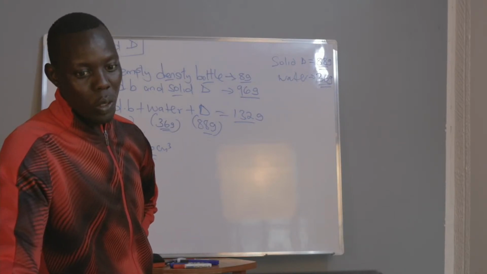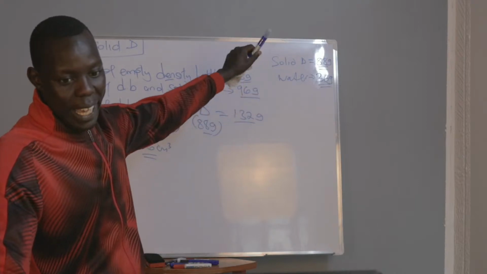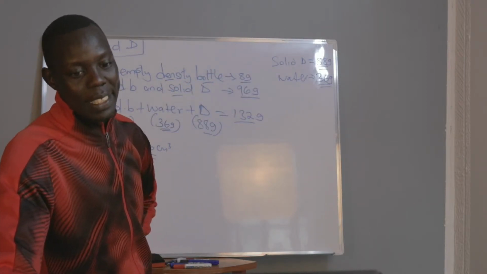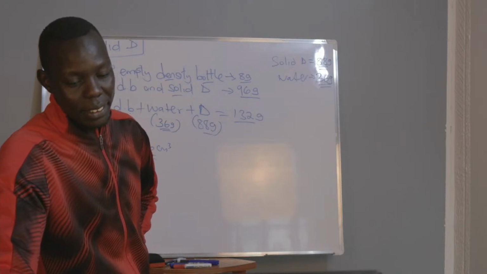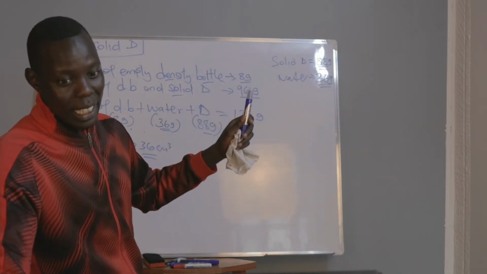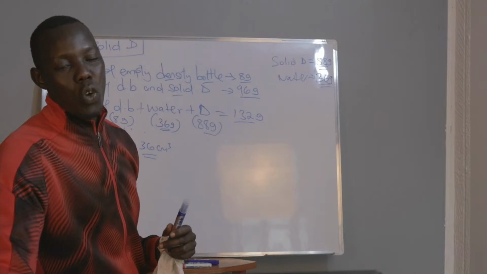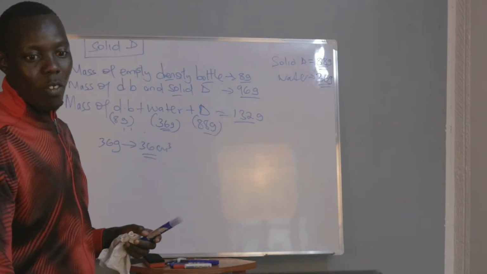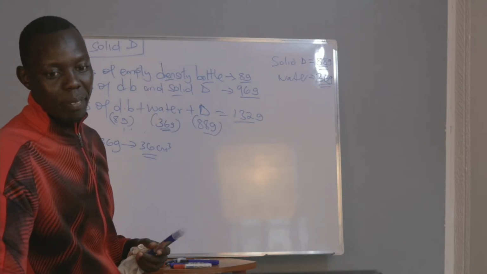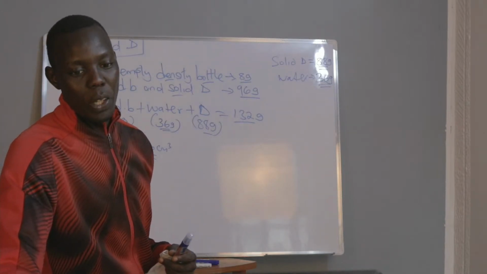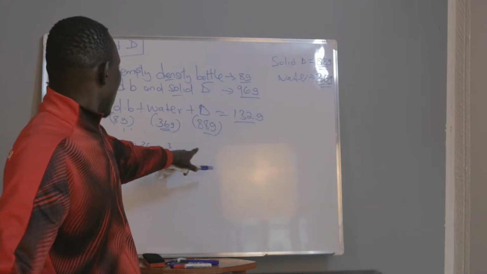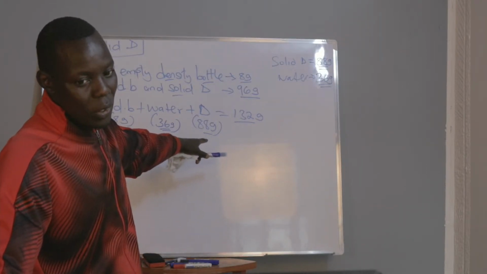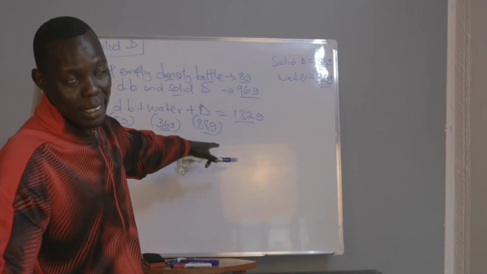Now, the mass of solid B is 88 grams, then the density of solid B is its mass, which is 88, divided by its volume. So, having found that the volume of the density bottle is 80 centimeters cubic, to know the volume, minus the volume of water, which is 36. 80 minus 36.